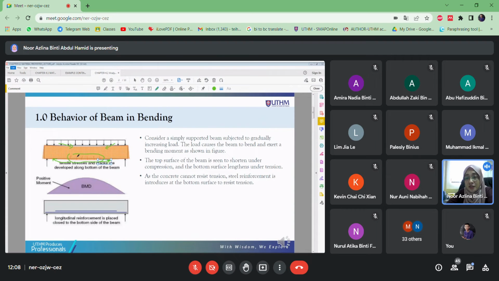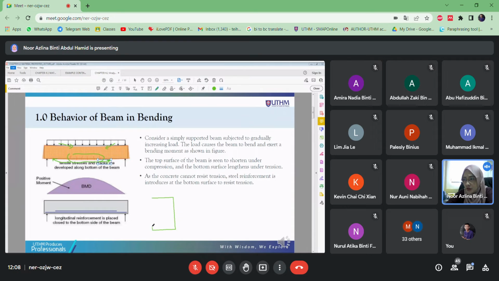Kalau concrete stress, because it has to support all the loads. Right, that's why there will be signs of cracks here. That means this is a sign of the stress, which is because of the concrete, especially at the bottom one.